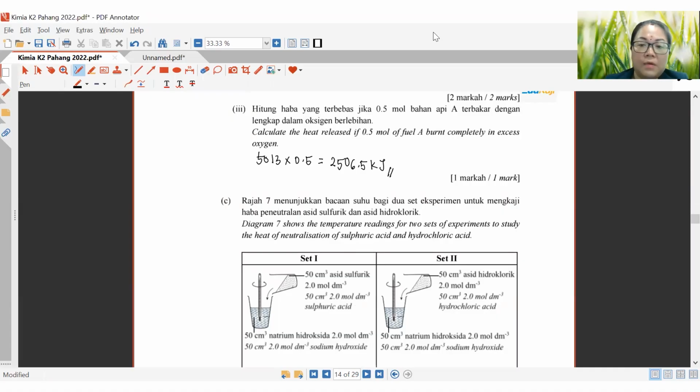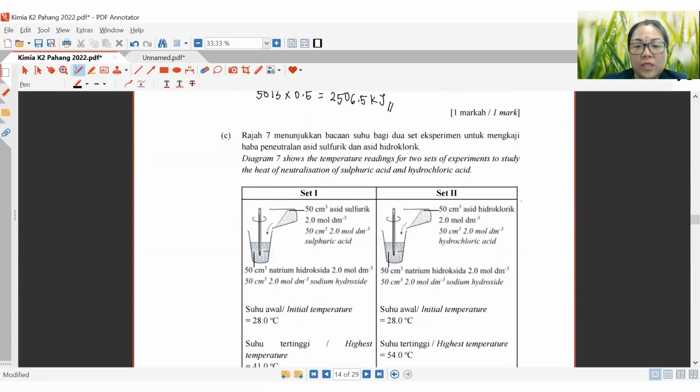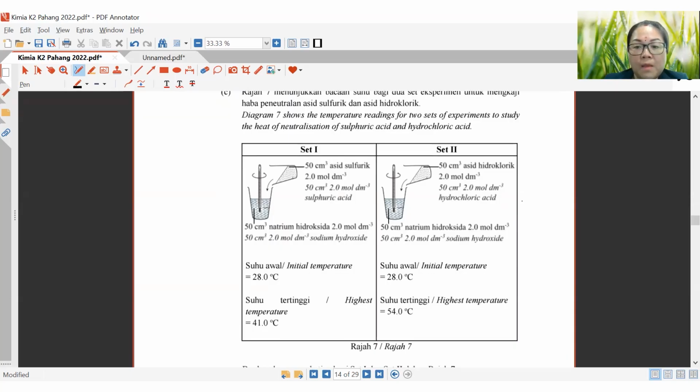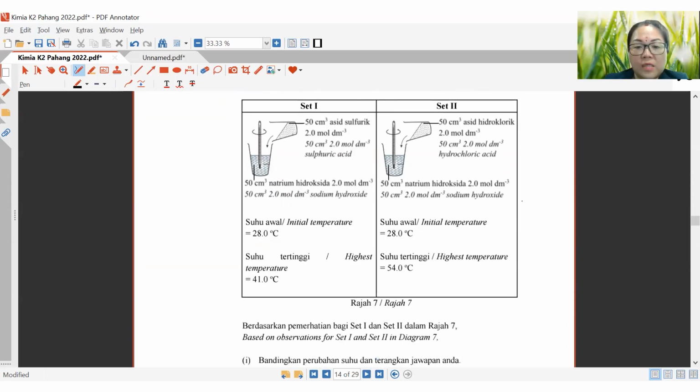Okay, now let's look at question 3. C. Diagram 7 shows the temperature readings for 2 sets of experiments to study the heat of neutralization of sulfuric acid and hydrochloric acid. Okay, we've got set 1 and set 2. The initial temperature for set 1 is 28.0 degrees Celsius, and the highest temperature it went up to 41.0 degrees Celsius.